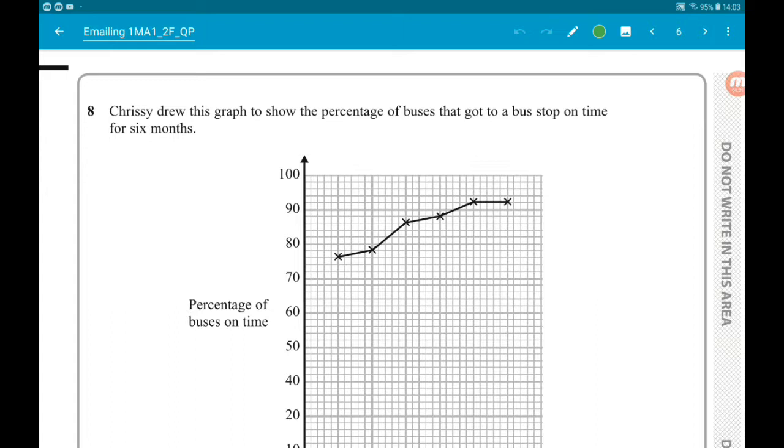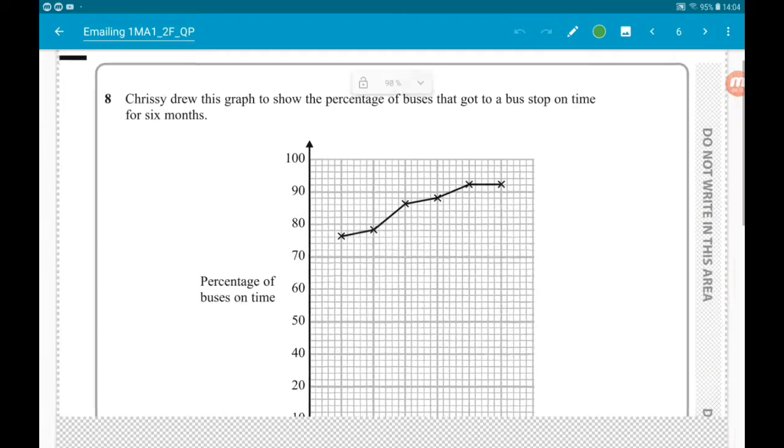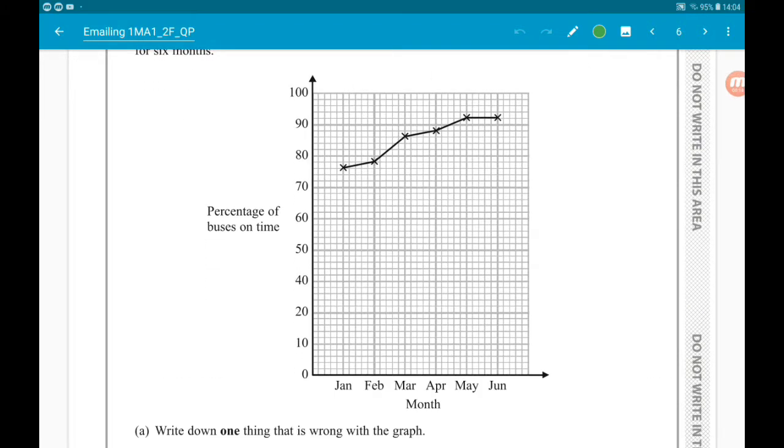Okay, number 8. Chrissy drew this graph to show the percentage of buses that get to a bus stop on time for 6 months. So, going up the side, we have the percentage of buses, and along the bottom, we have January up till June.